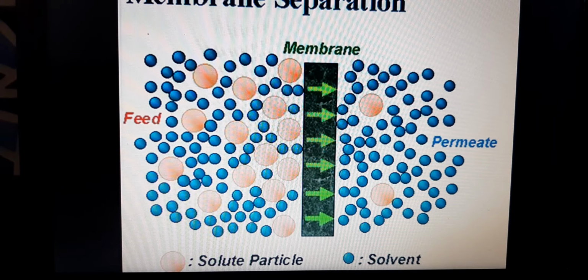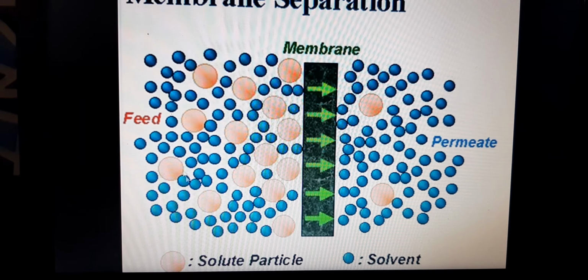If you see in this diagram, membrane process or membrane separation, this is a semi-permeable membrane. What exactly is this diagram showing? This is the feed, and this is the permeate, meaning treated water is in this section, and the untreated part is in this part. These are the solute particles, and this is the solvent. The solute particles do not directly pass through this particular membrane into the solvent section.